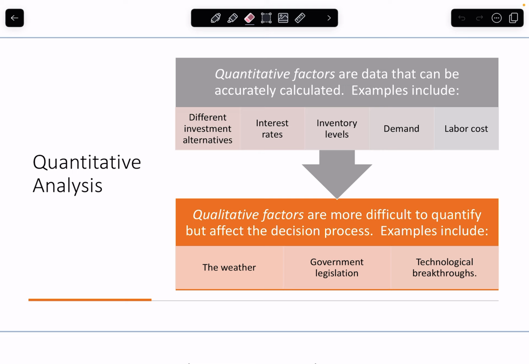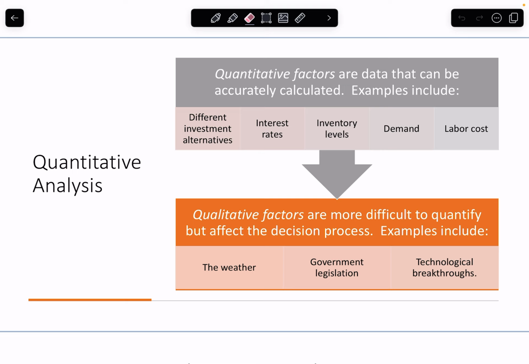Then we could have inventory levels. For example, if I am on a production line and I want to maximize my production output, for me to arrive at a decision on whether I'm going to produce product A over product B, I have to check my inventory.